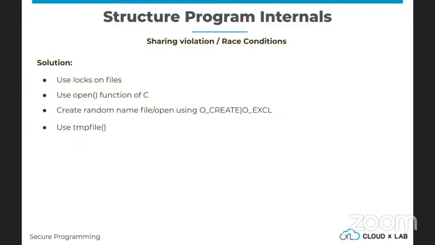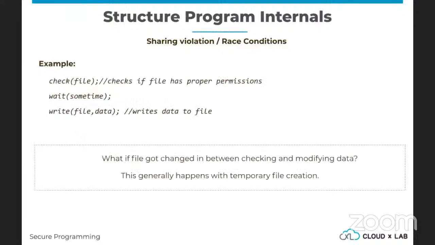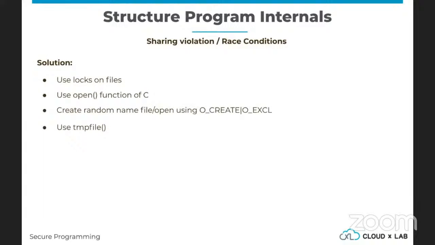And there are flags which give you an exclusive lock on the file. Almost every language has these issues. It's not only Python, it's not only C. Almost every language has race conditions, and race conditions are the most terrible bugs to solve.